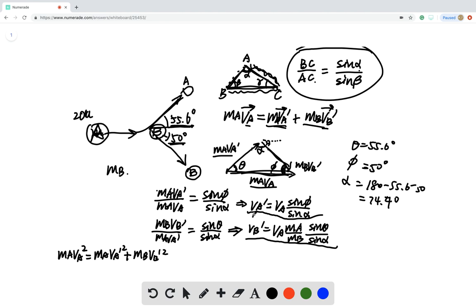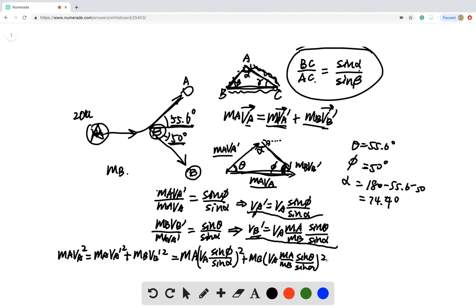If we plug in these two expressions, we get mA (vA sine phi over sine alpha) squared plus mB (vA times mA over mB, sine theta over sine alpha) squared.